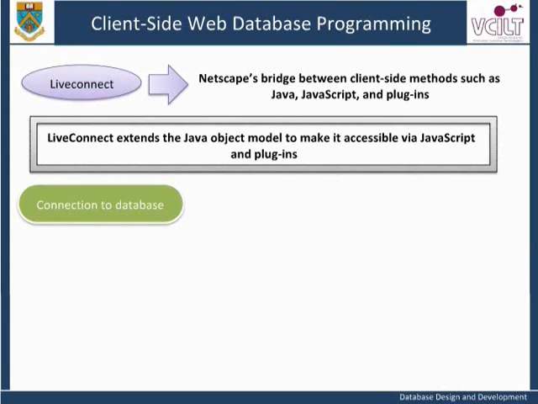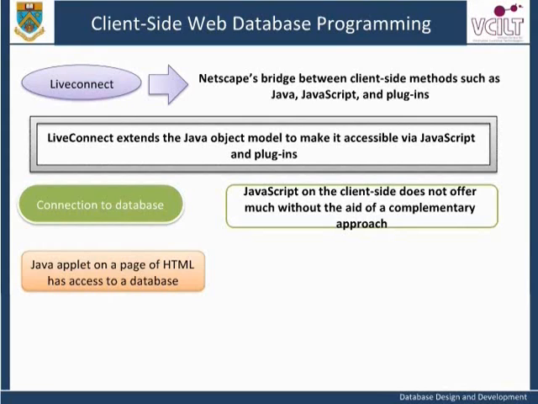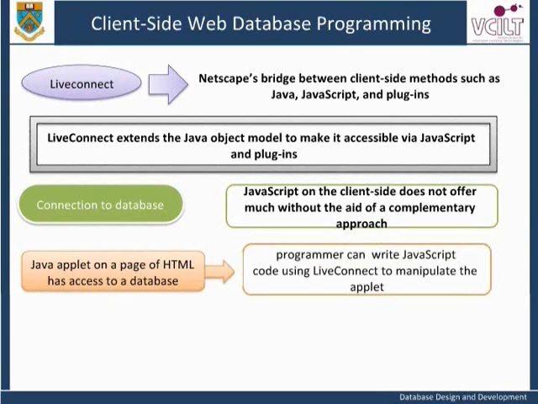As a database gateway, JavaScript on the client side does not offer much without the aid of a complementary approach such as Java, plugins, and CGI, Common Gateway Interface, to be discussed later. For example, if a Java applet on a page of HTML has access to a database, a programmer can write JavaScript code using Live Connect to manipulate the applet.